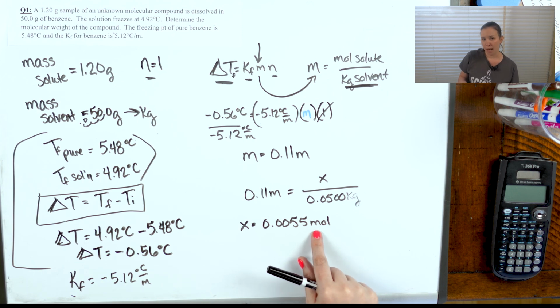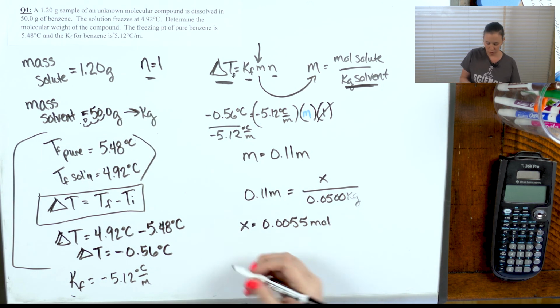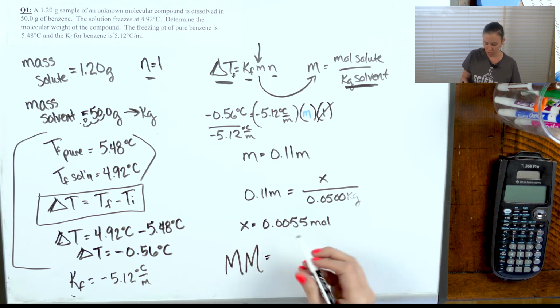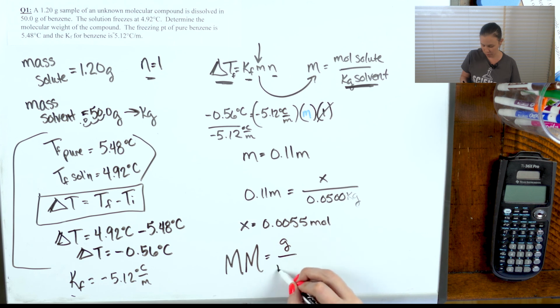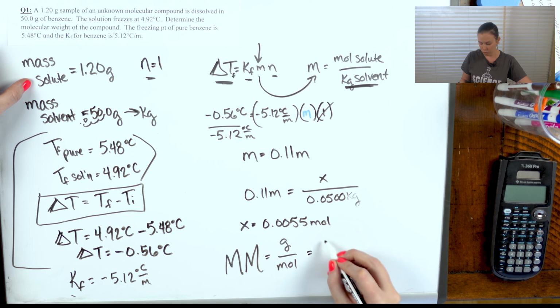But in order to get molar mass, I need my grams per mole. So remember, we can use the molar mass units essentially as a formula. If molar mass is grams per mole, and I'm trying to find the molar mass of the solute, I have the mass of the solute from the very beginning. That was the 1.20 grams.